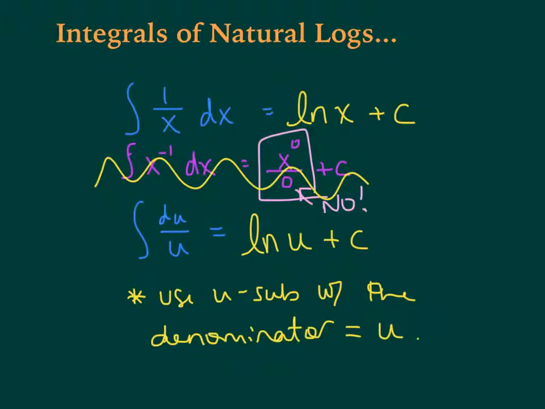One thing I should say before I go on is that oftentimes you'll see in multiple choice answers that they don't just leave the answer as natural log of x plus c or natural log of u plus c. They'll actually do it as the natural log of the absolute value of x plus c. Or this could also be written as natural log of the absolute value of u plus c.